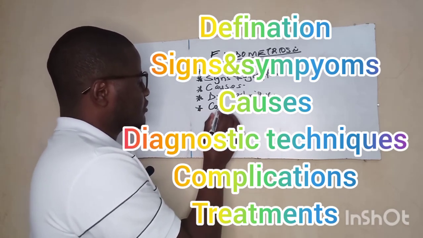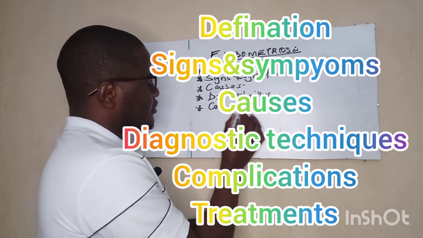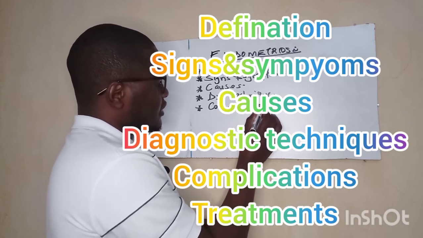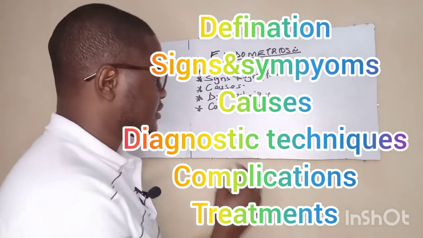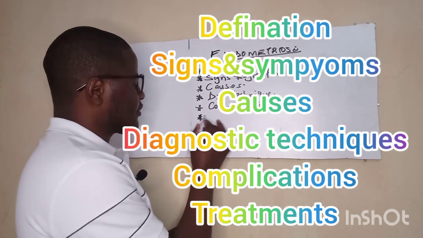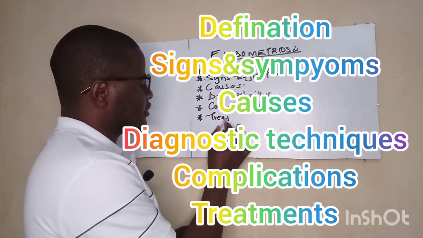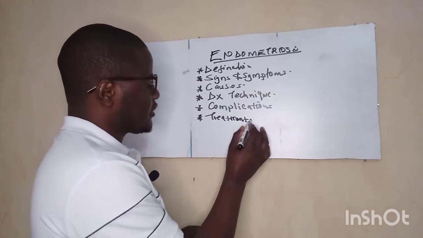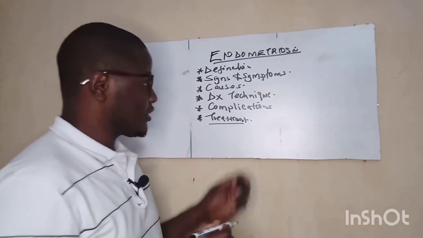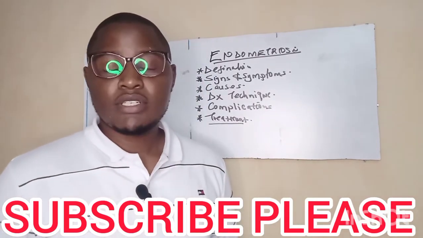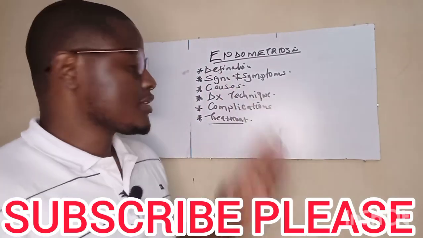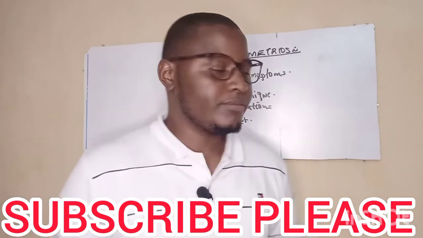I will talk about the complications, or the risks that are there when you have endometriosis, and then I will talk about the treatment. So all these are the subtopics that I will try as much as possible to handle concerning this endometriosis topic.